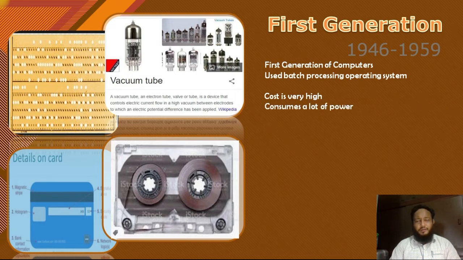These computers consumed a lot of power and produced a lot of heat, so they needed air conditioning. They occupied a lot of space, almost the size of a building, or simply an individual home. So normal persons were unable to purchase these computers.